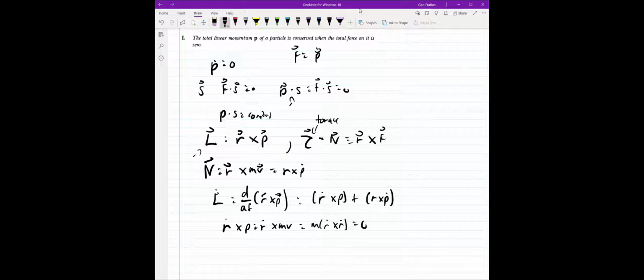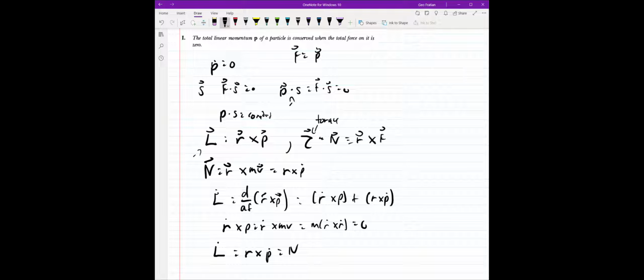In other words, crossing the time derivative of r with p is the same as crossing the time derivative of r with v, and that's just crossing v with v, right? So it has to be 0. That tells us then that L dot has to equal r cross p dot, which is equal to N. In other words, the time derivative of angular momentum is our torque.